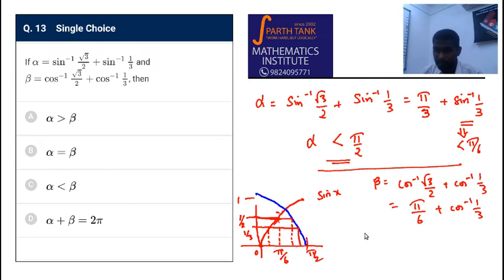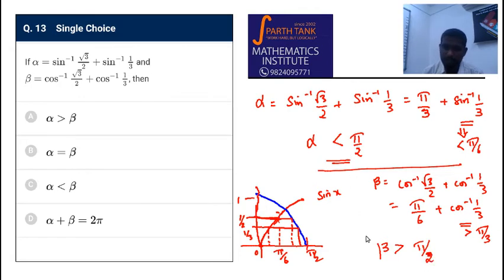Since cos is a decreasing function in the domain 0 to pi by 2, as the value of the function decreases, the cos inverse increases. That is, this angle is some angle that is greater than pi by 3. So it's greater than 60 degrees. So this is 30 degrees and 60 degrees. So beta is going to be greater than 90 degrees.